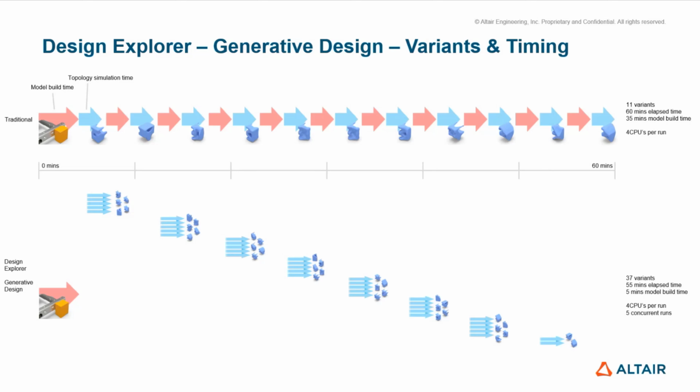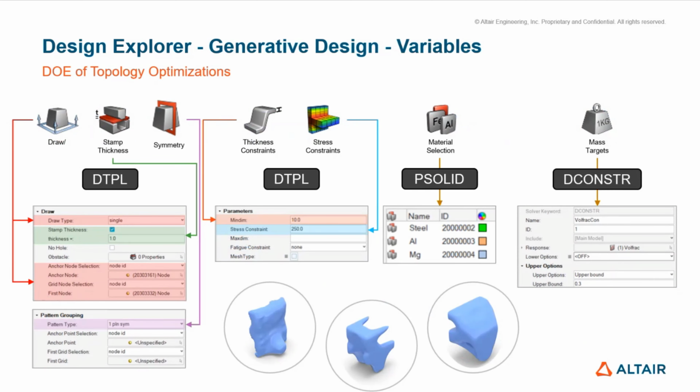So in other words, the output can be quite sensitive potentially to the various inputs that you give it. And if you go off in one direction, you might get one concept or one set of types of concepts. But if you allow Design Explorer and generative design to have at it, so to speak, then again, you might get many different concepts, and some that you may not have considered otherwise.